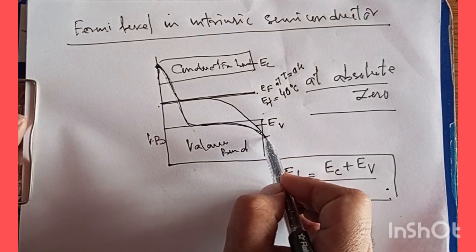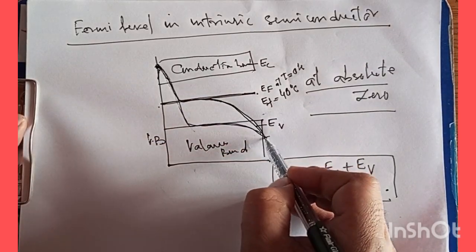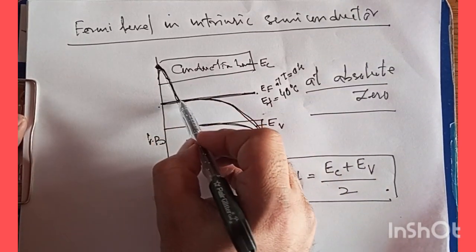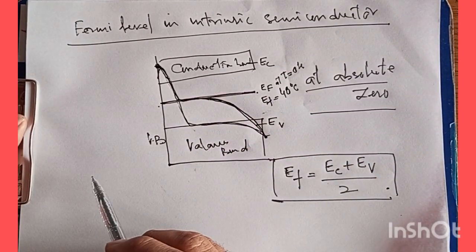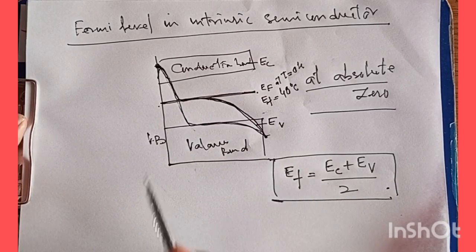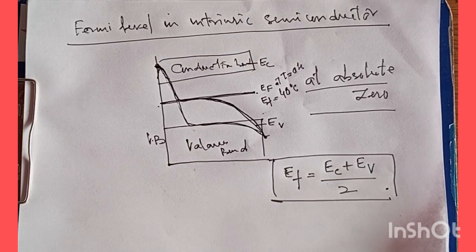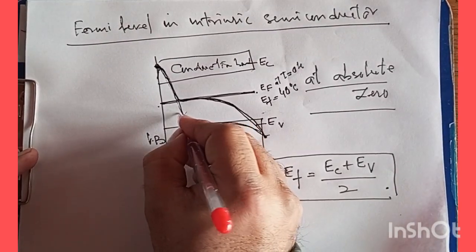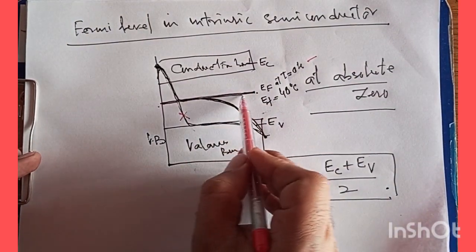Sorry. Okay, this one is the correct one. So we can see that there is the bending of this Fermi energy as we increase the temperature. So this part should not be taken. So at 0 Kelvin, the Fermi energy is exactly like this.